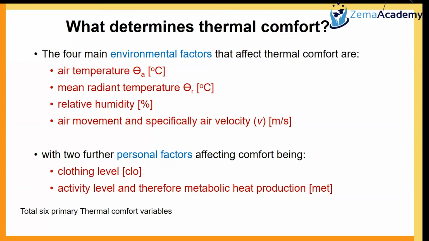We also know what sort of clothing they will be wearing in winter, and what sort of clothing in summer. Then they will be sitting, listening to the lecture, or doing activities depending on what the space is. Different people will wear different types of clothing. They will also have different types of activities involved. So basically these 2 are the personal factors, and they will be influencing thermal comfort.